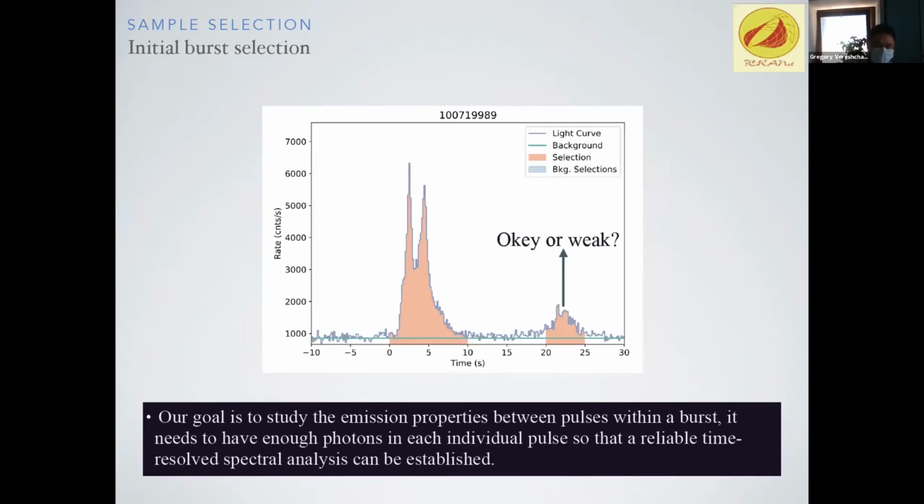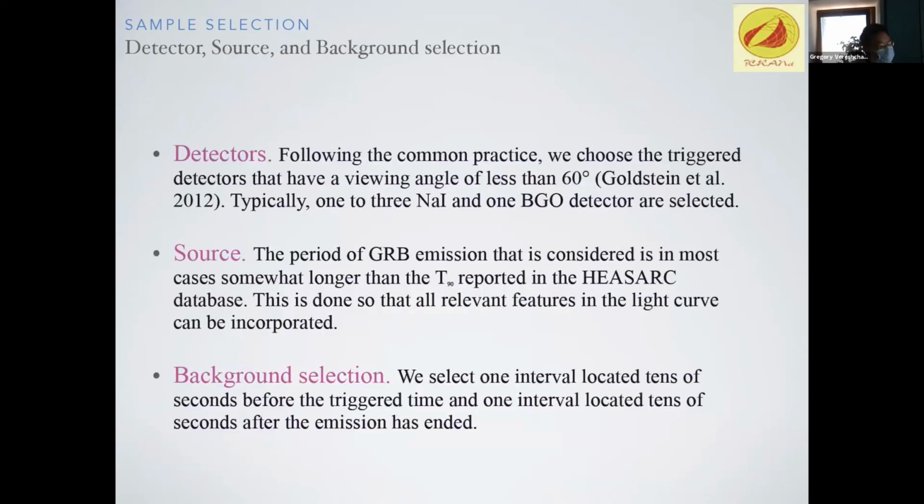In order to study the time-resolved spectral analysis, we should make sure each independent pulse has enough photons. Then we would like to perform the spectral fitting and also calculate the significance of the spectral ratio for each pulse.